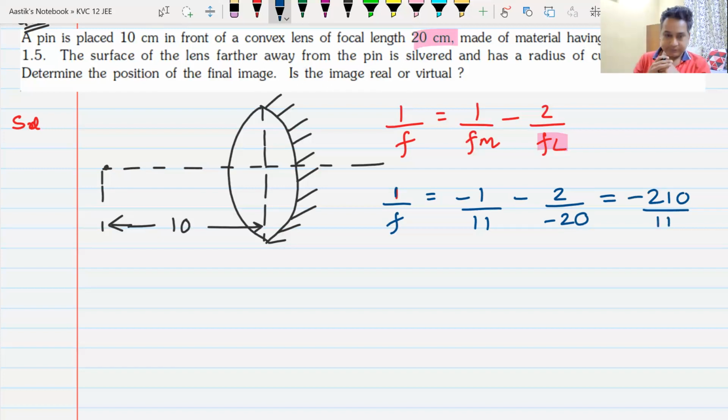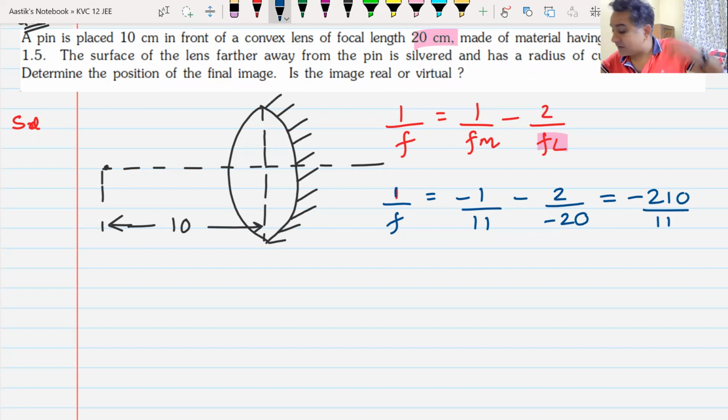Do I get this? Or I have done some mistake? 1 by f, or 20. Okay, they will get added up. I think I've made a mistake.